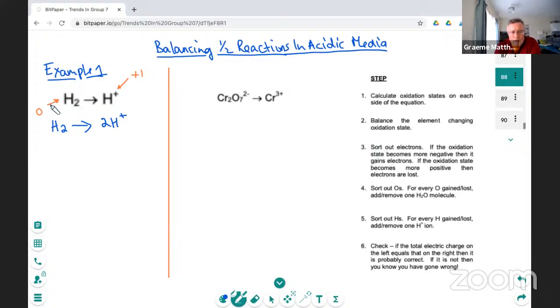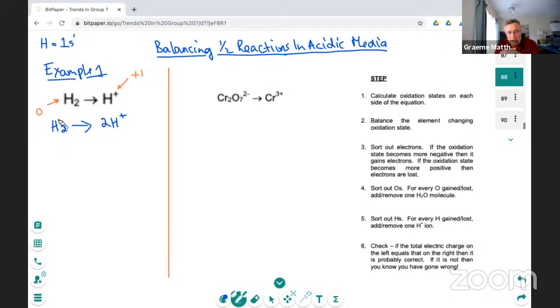Now, chemists, if I'm going from 0 to +1, what this means is, this is what I think about, look, the hydrogen atom is just 1s1. So the hydrogen atom has lost a valence electron.